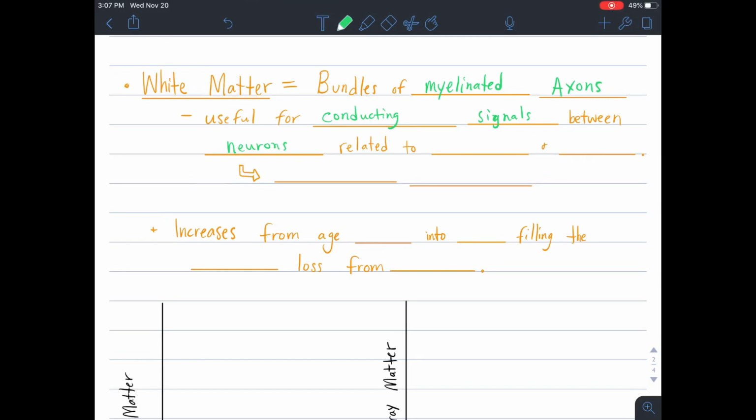So as we use neurons more and more, our body puts myelin on them so that they can conduct signals between them, and these relate to behavior and learning. So as we learn something, we add more and more myelin. This is called a neural network.